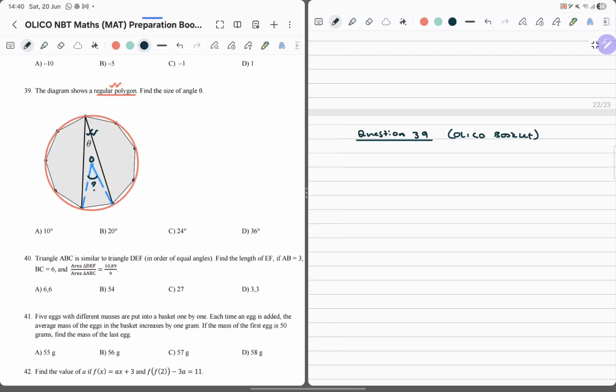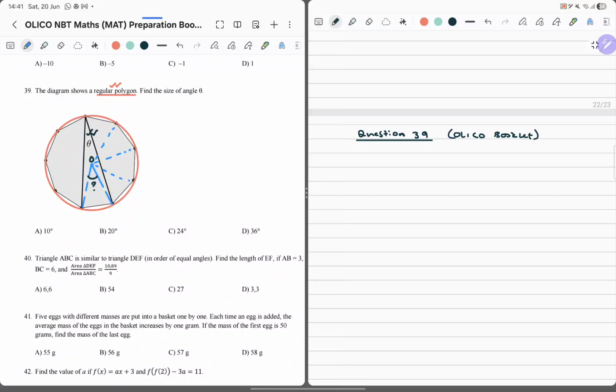Knowing that these chords are all going to subtend equal angles at the center, this angle must be the same as that and that and that. If there's 8 corners, there's going to be 8 angles: 1, 2, 3, 4, 5, 6, 7, 8.